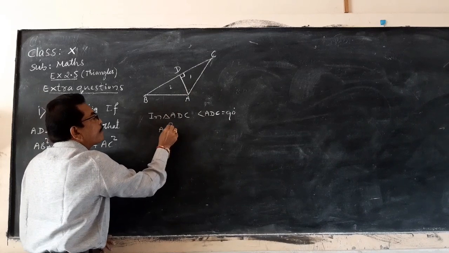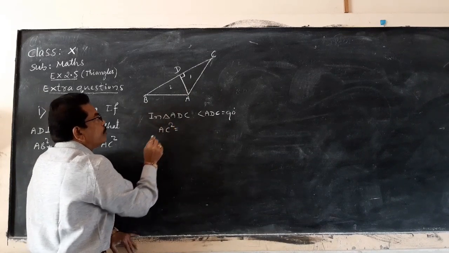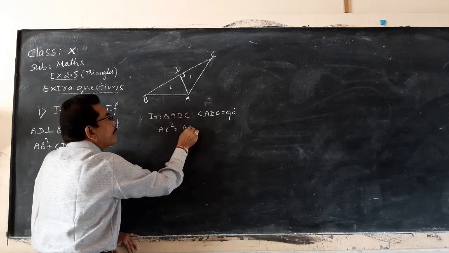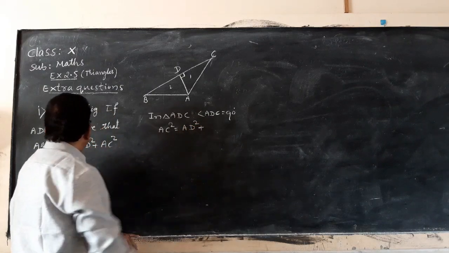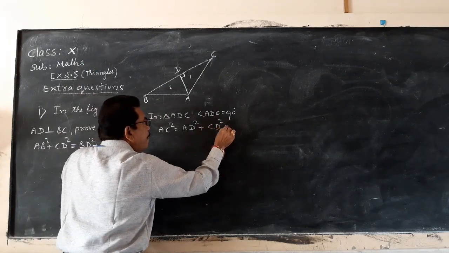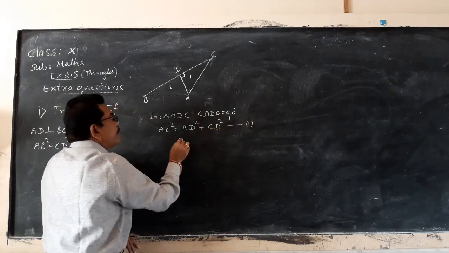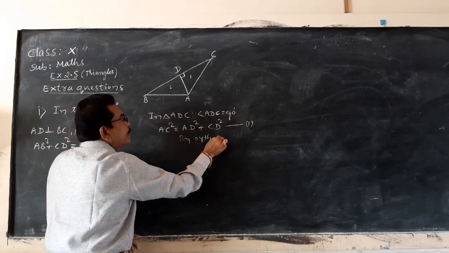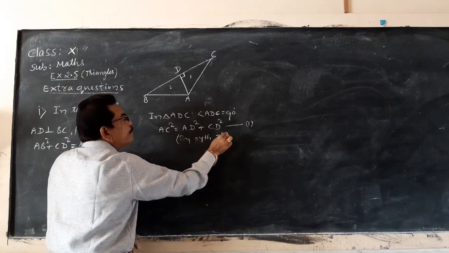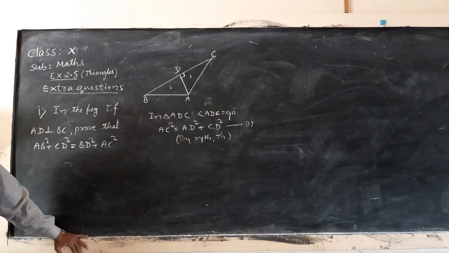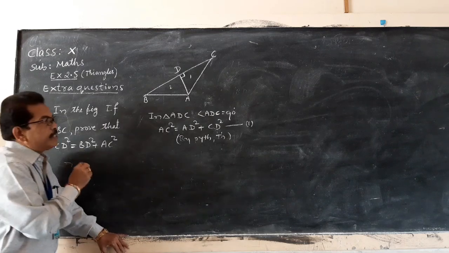So AC square equals AD square plus CD square, first one, by Pythagoras theorem.